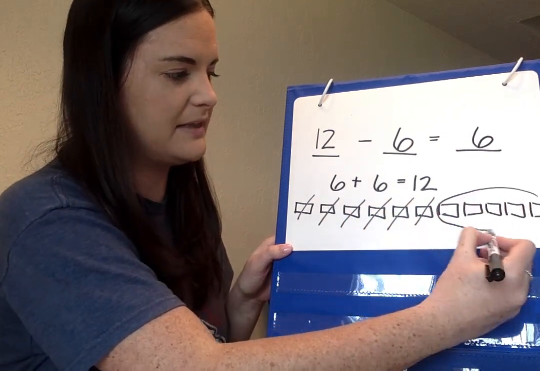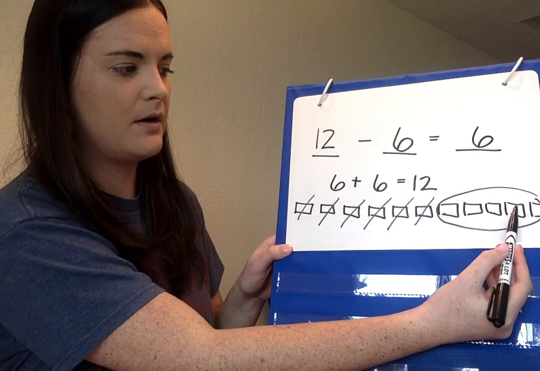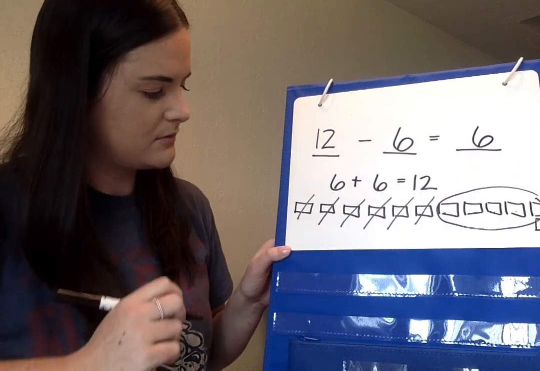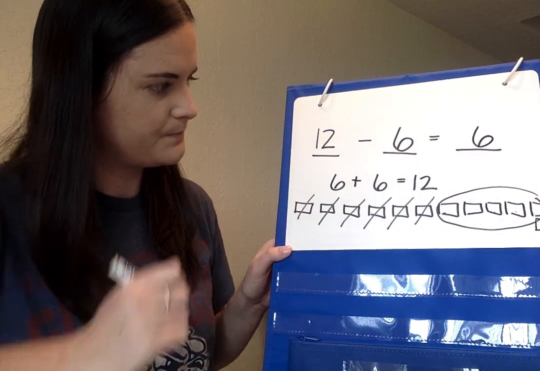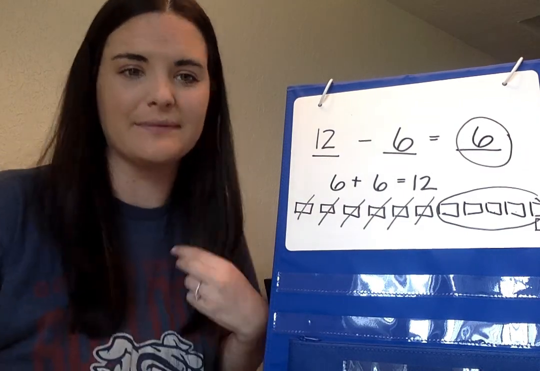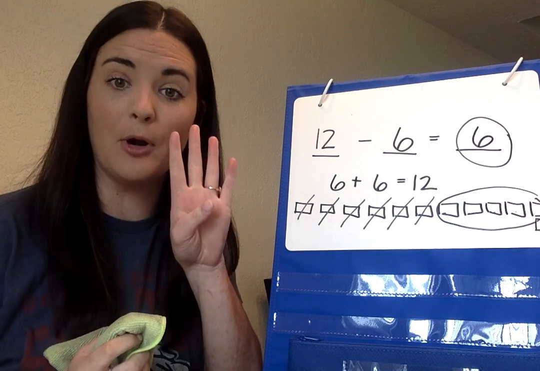How many are left? 1, 2, 3, 4, 5, 6. 6. We were right. Okay, we're moving on to the last one, number 4.